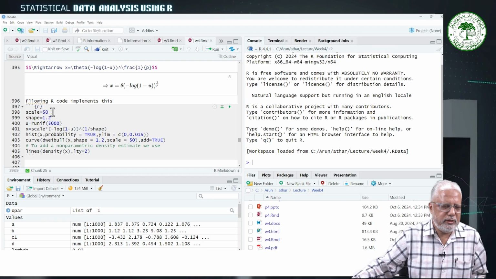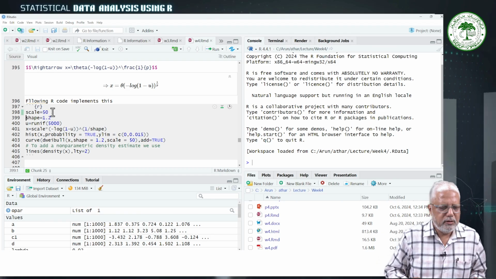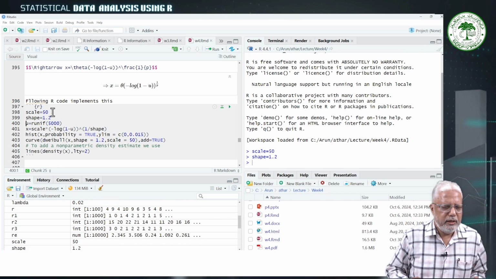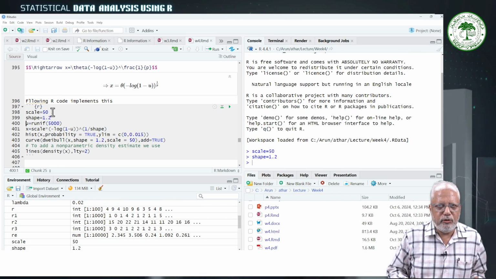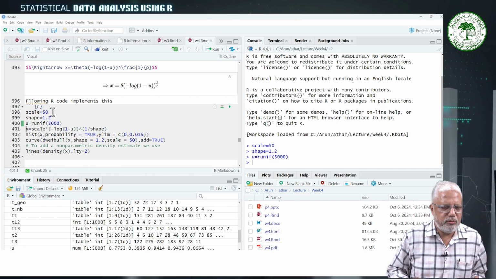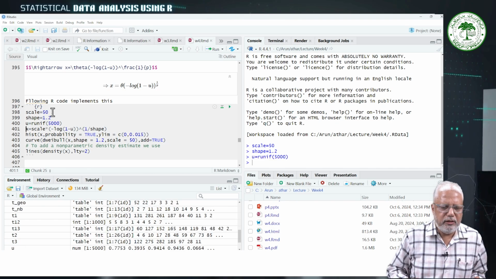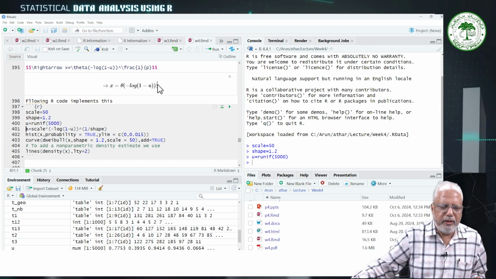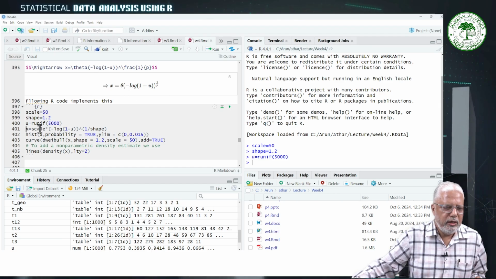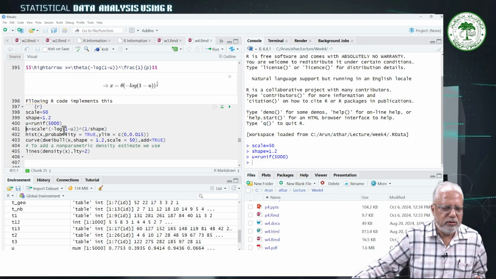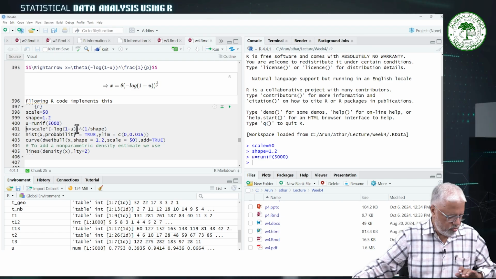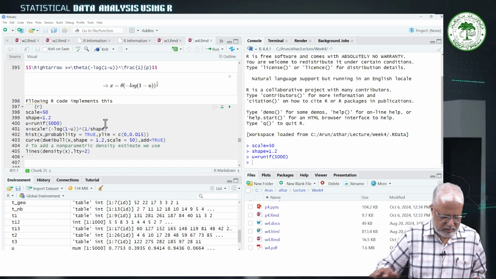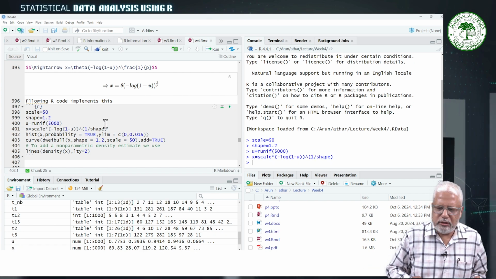So we are fixing the scale parameter at 50 and the shape parameter of Weibull at 1.2. Then we are simulating 5000 random values from the uniform distribution. And then we can implement this formula. X is equal to scale into minus log 1 minus u whole raised to the power 1 by shape. So these are the simulated quantities.